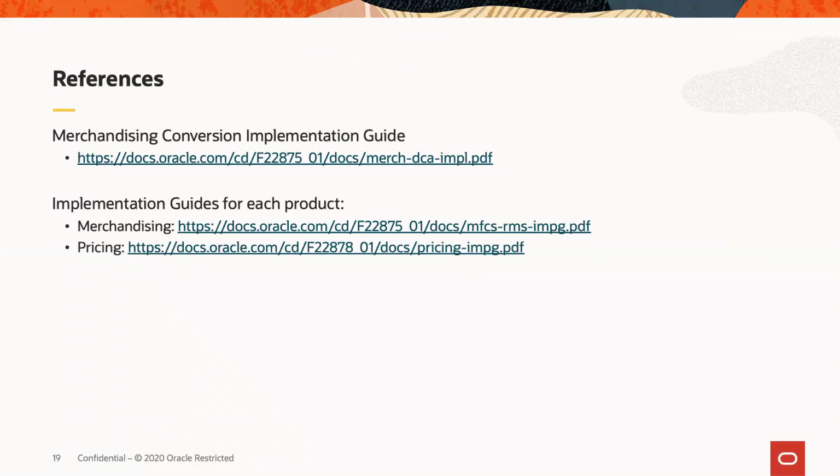Okay, thanks. So for larger DAT files, there are some limitations. There are some notes in the conversion implementation guide around that, but I think you can break them into multiple files. So if you had a very large department file, like we were using in our example, or more likely your item or item location files, they can be broken into multiple DAT files, and there's a naming standard used for that.